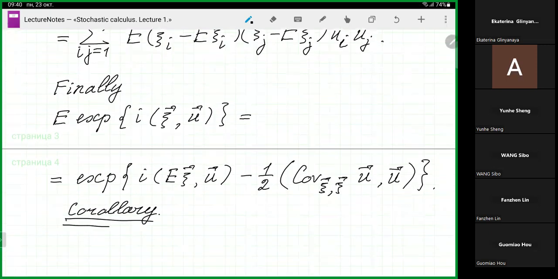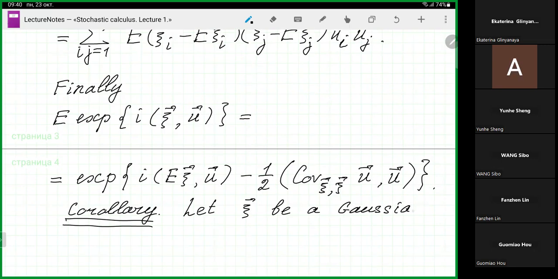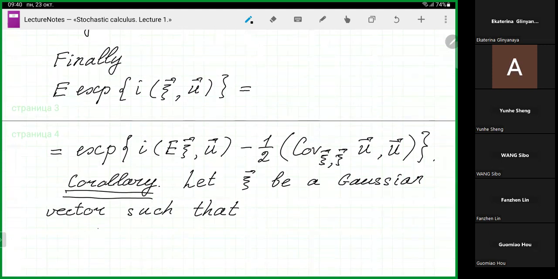Let psi be a Gaussian vector, psi equal to psi 1 up to psi m and psi m plus 1 up to psi n.